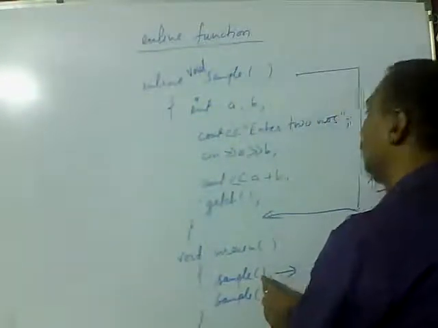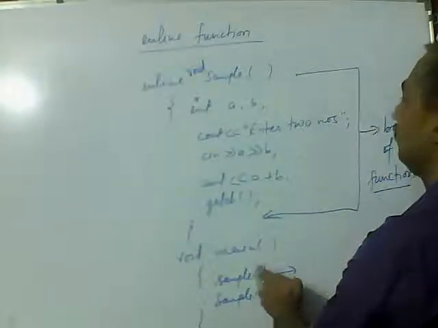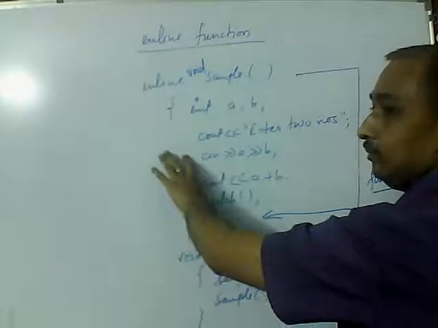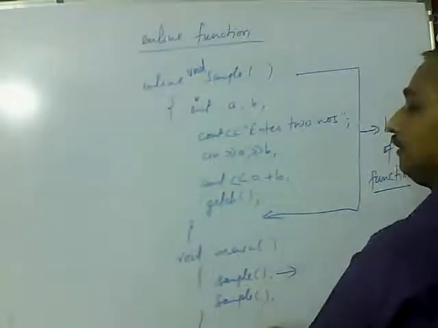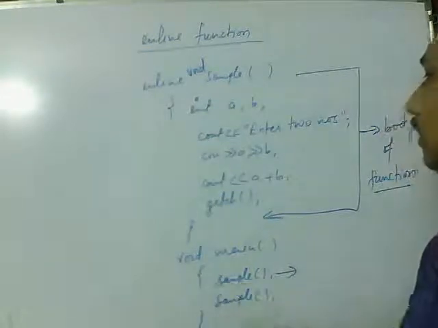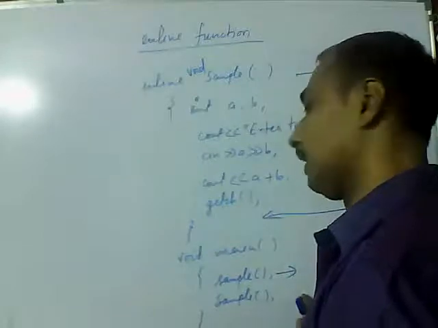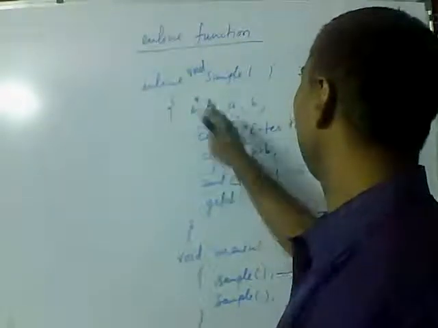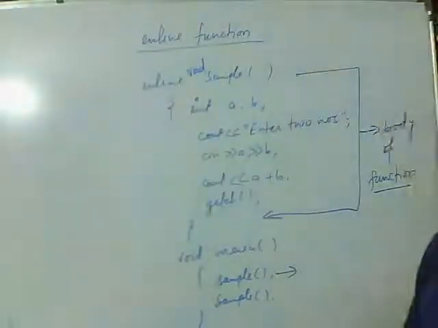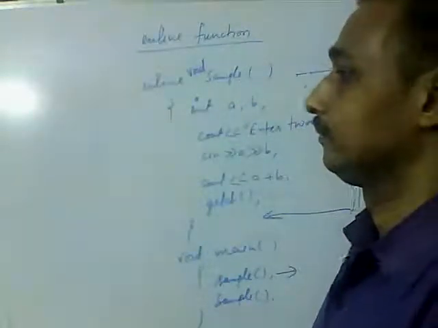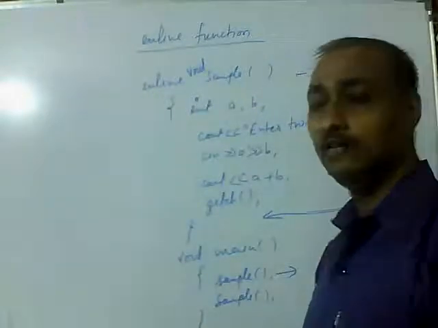That means this statement, after the compilation, will become 5 lines. These lines will replace this statement. As many times as we call this function, the calling statement will be replaced by the definition of this function. This is the meaning, the definition, of inline function.